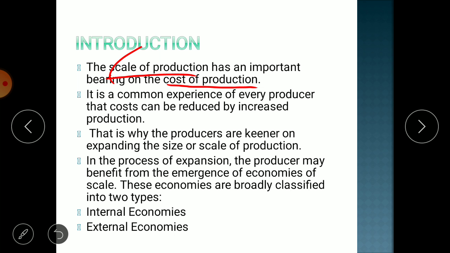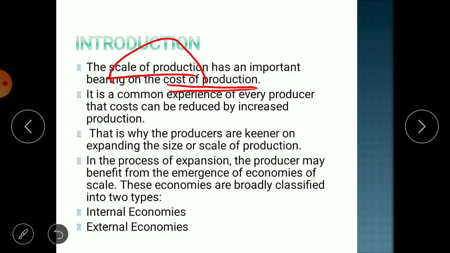That is about scale of production, and it is said that it is having a direct connection with the cost of production, or we can say it is having an inverse relation with the cost of production. As the size increases, the cost of production reduces. In the small scale organization, the cost of production is very high, and in the large scale organization, the cost of production is very low.